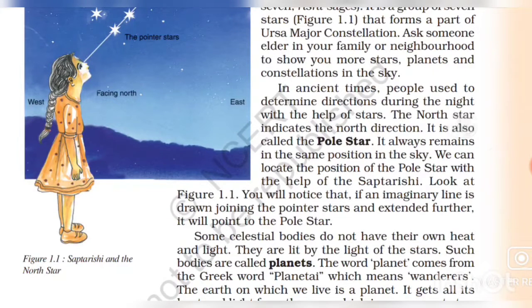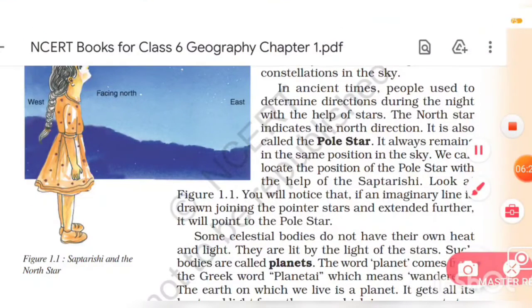In ancient times, people used to determine direction during the night with the help of stars. The north star indicates the north direction. The north star is also called the pole star. It always remains in the same position in the sky. So, what is the use of the pole star? The pole star indicated directions during ancient times, and its position is fixed at all times in the sky. We can locate the north star with the help of Saptarshi.